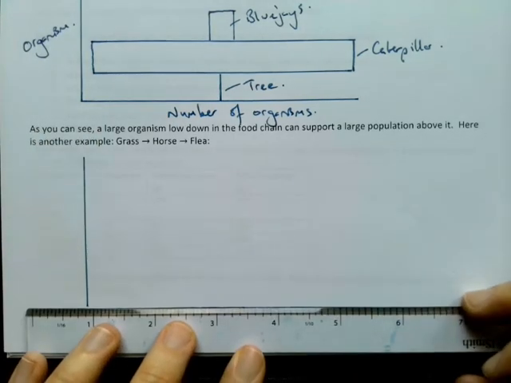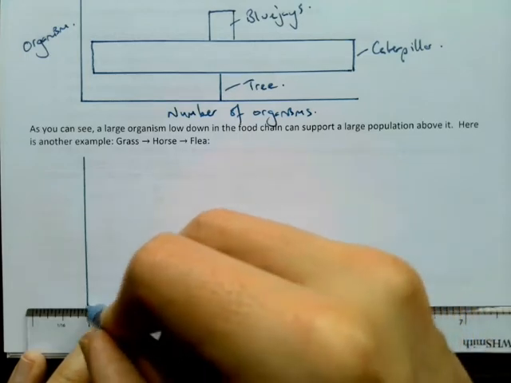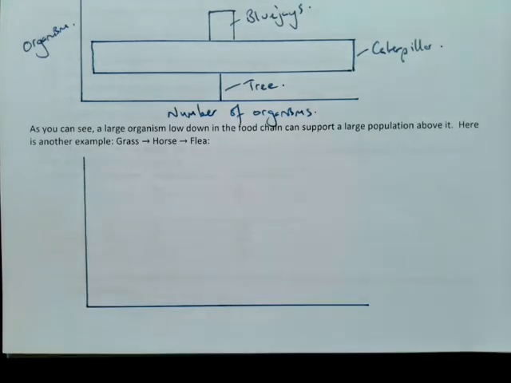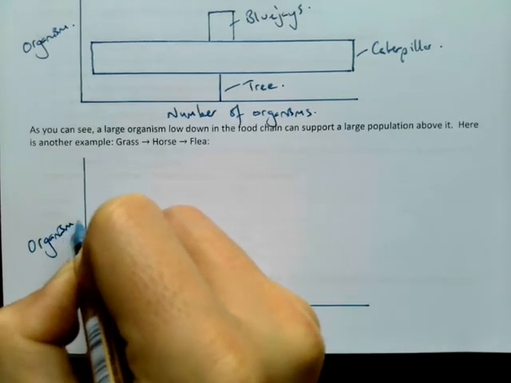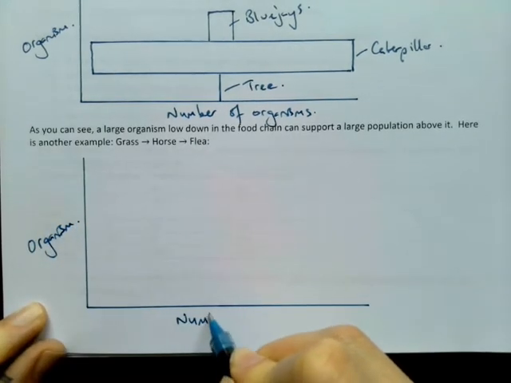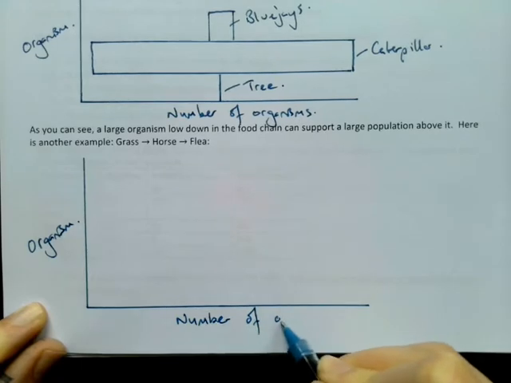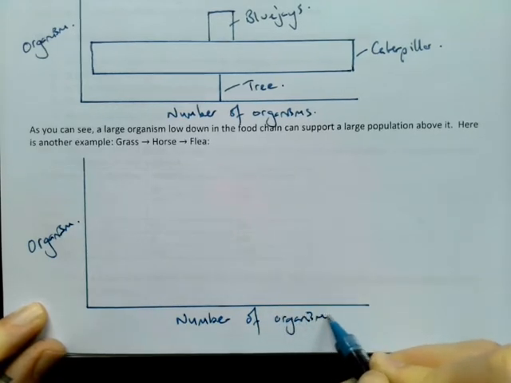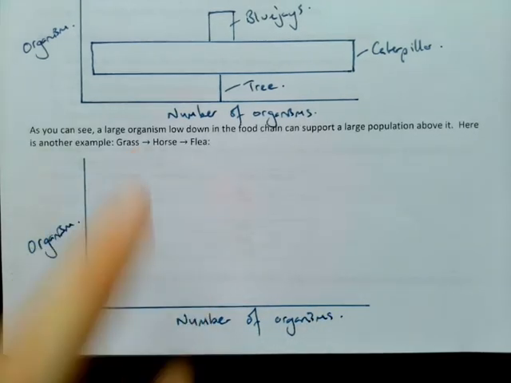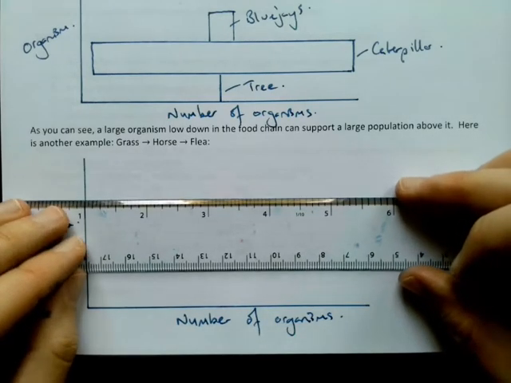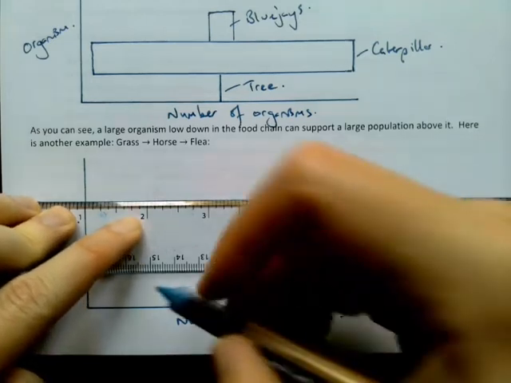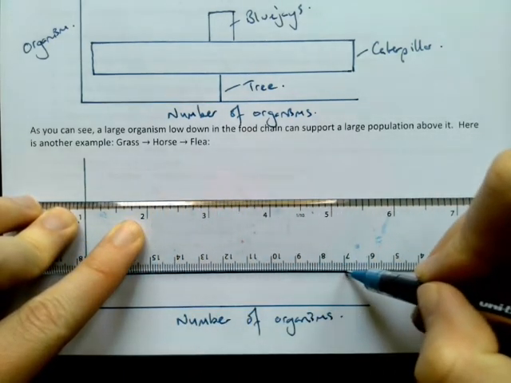Okay, so your graph should be nice and neat. Lots of rulers. Axes should be labelled. Now, one horse needs to eat a lot of grass. So I'm going to have lots and lots of grass in my pyramid of number.